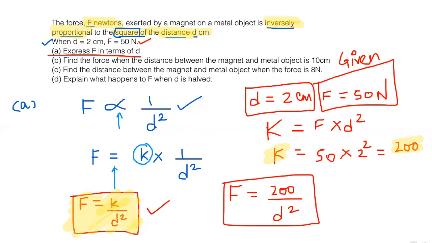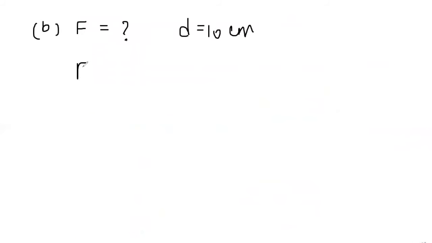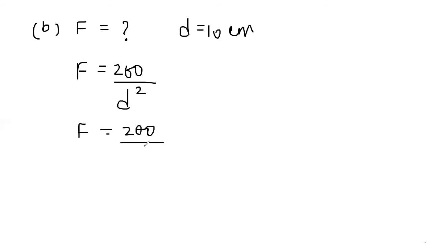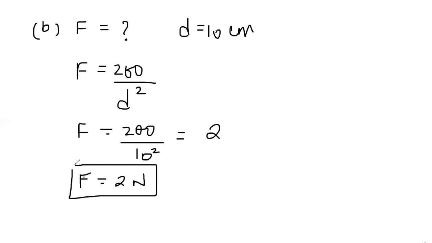The equation was F is equal to 200 upon d square. I have to find F, so I will plug in the value of d. F will be 200 upon 10 square. 10 square, you know, that is 100. So the answer will be 2. Force is equal to 2 Newton.